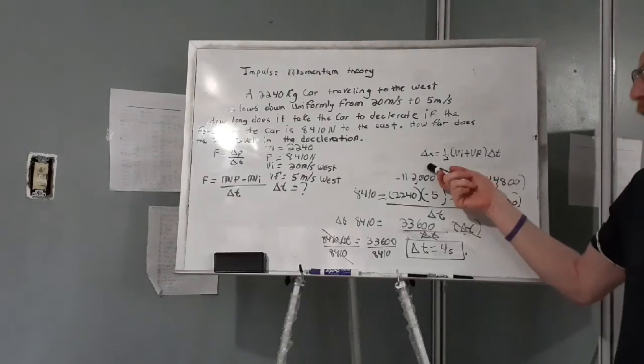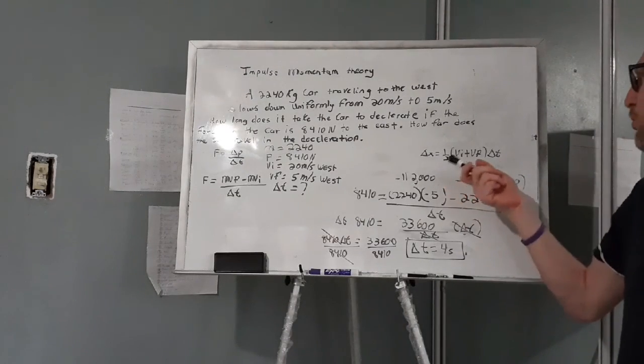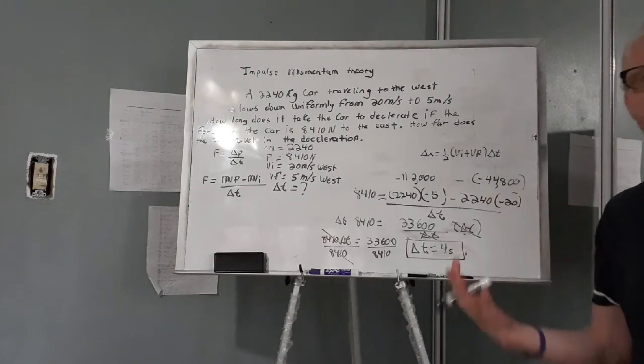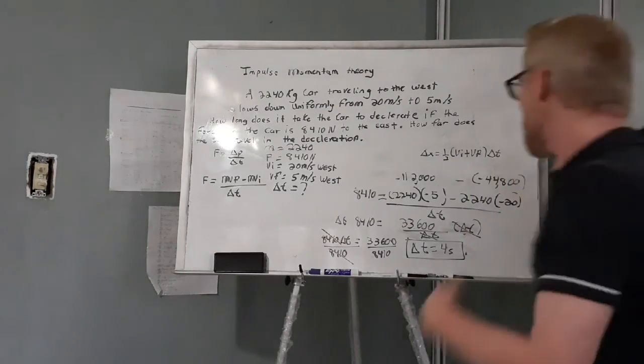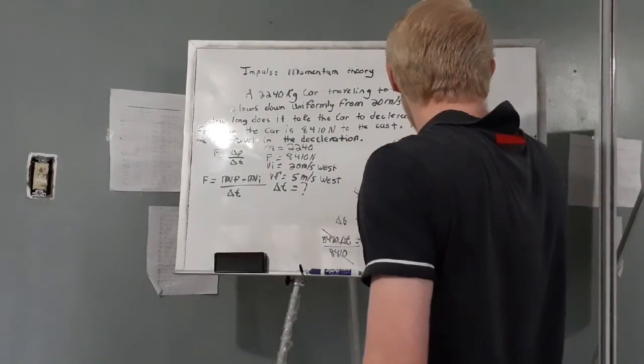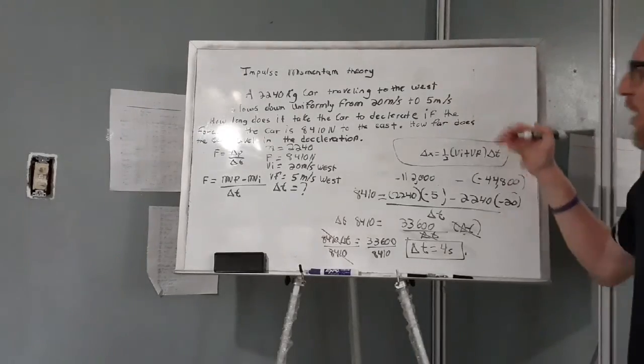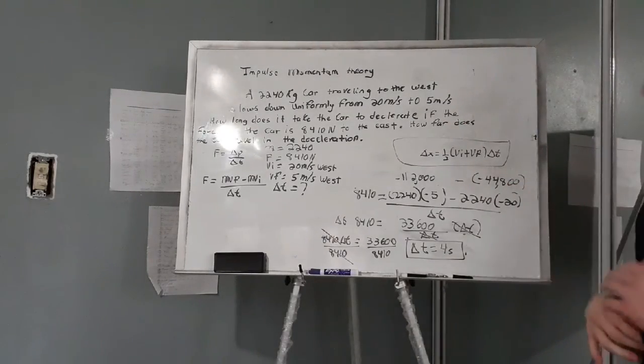We're going to reuse specifically this formula that says that the change in x equals 1/2 of the initial velocity plus the final velocity multiplied by the change in time. So what I'm going to do is plug in all the numbers into this formula, and then I'm going to find my answer.